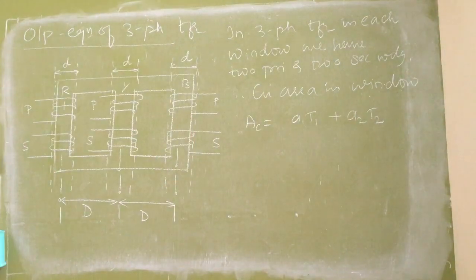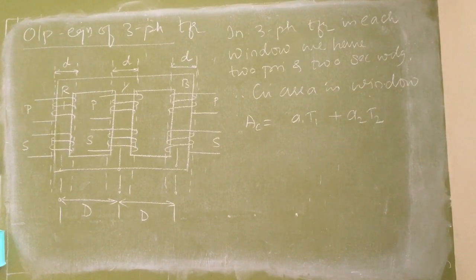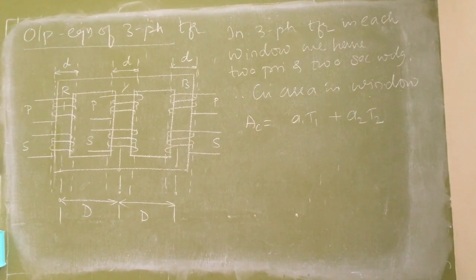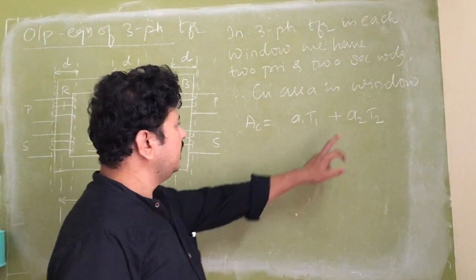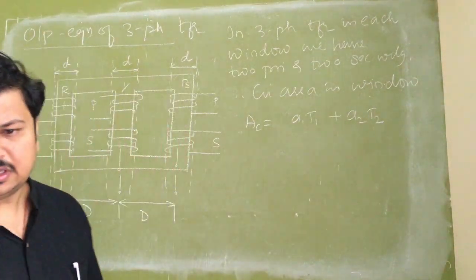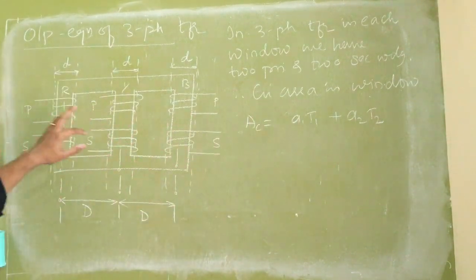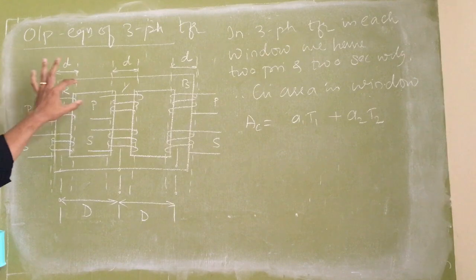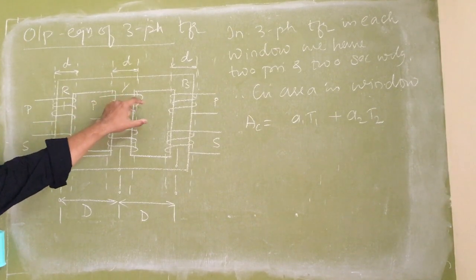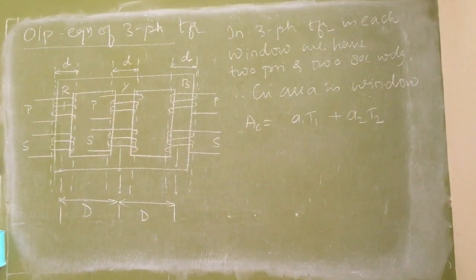So A1 T1 is the total copper area of primary in window, and A2 T2 is the total copper area of secondary winding in window. Okay. So A1 T1 is equal to copper area of R phase plus copper area of B phase plus copper area of C phase. Okay, 1 second.